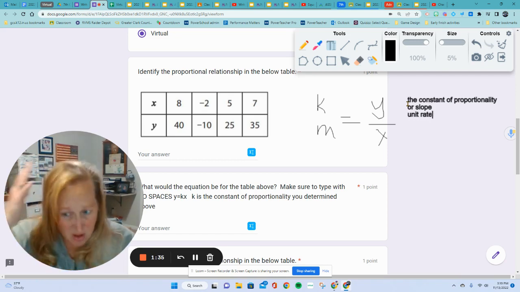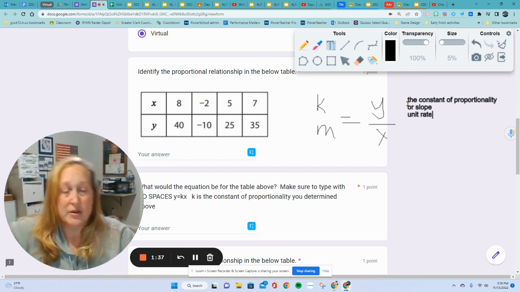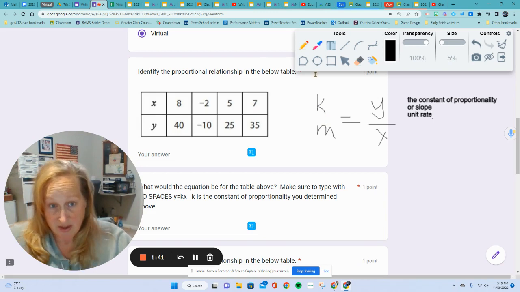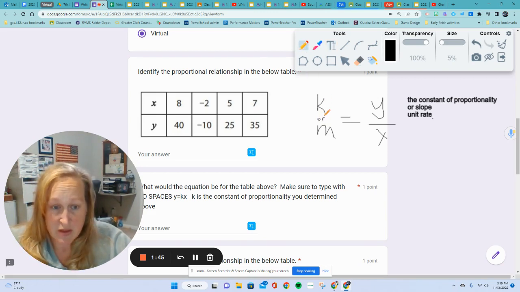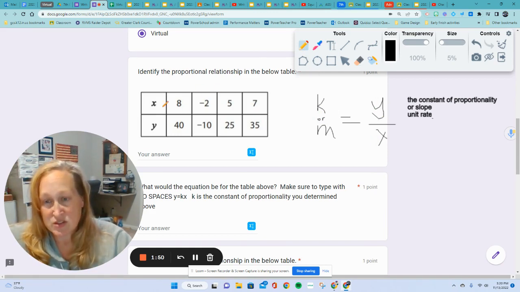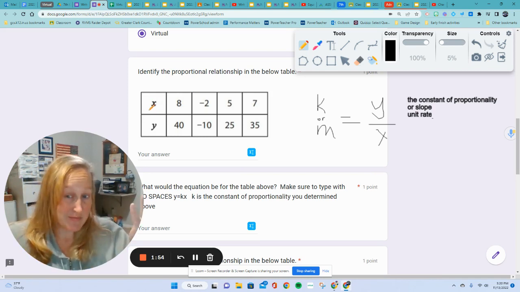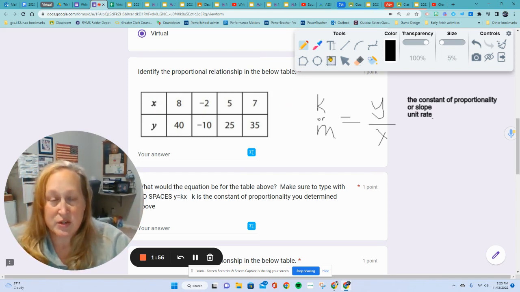Okay, so these are all going to go together. But big picture, you're going to have something called either K or M. K or M equals y over x, y divided by x. So in this situation, the confusing part is that it has the opposite. Okay, so we need to rewrite all of these and find out if they work.